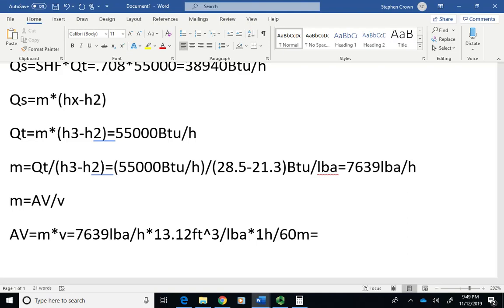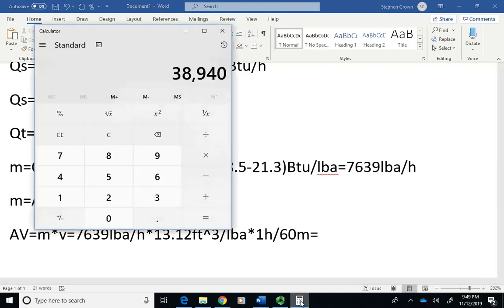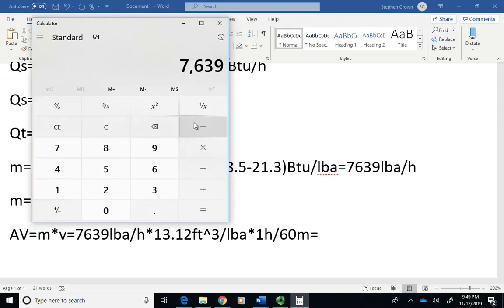So 7639 times 13.12 divided by 60. So 1670 CFM.